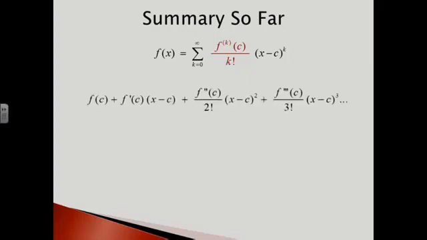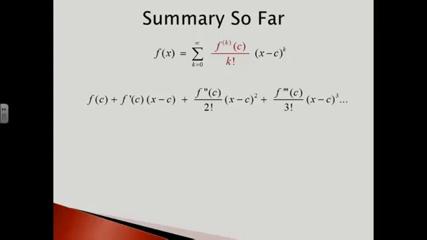This series can be expressed term by term as f(c) plus f prime(c) multiplied by (x minus c) plus f double prime(c) divided by 2 factorial multiplied by (x minus c) squared plus f triple prime(c) divided by 3 factorial multiplied by (x minus c) to the power of 3. The series looks like a polynomial in x minus c.